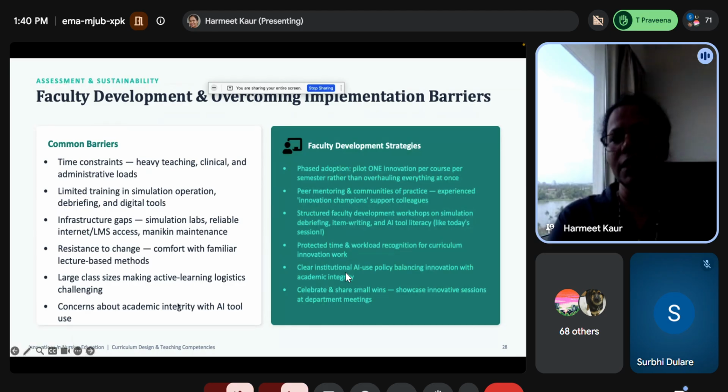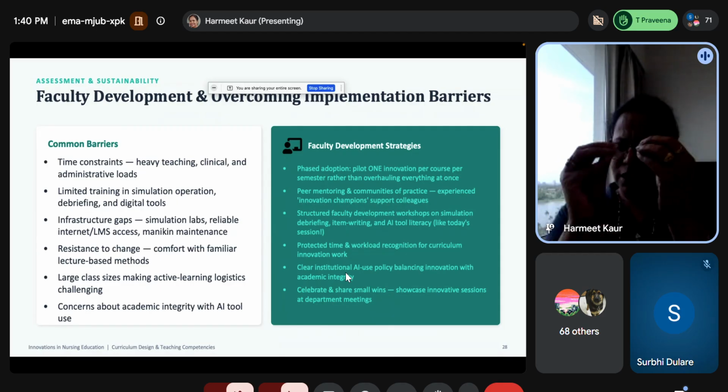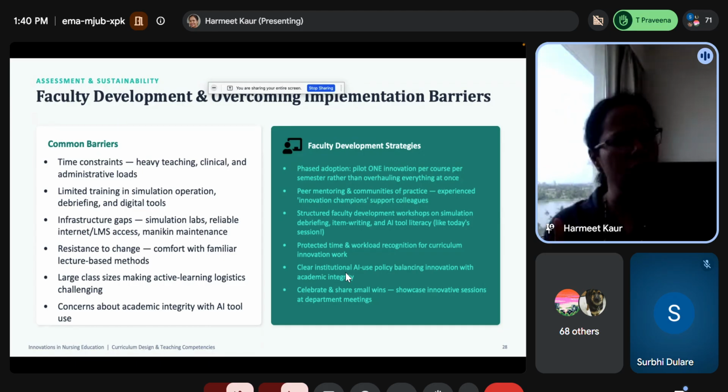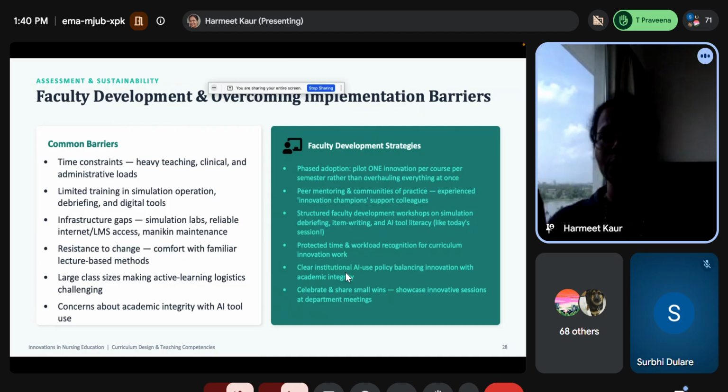But I will say that you have to include innovation. Don't go for a completely different kind of activity. Just include at least one innovation at one time. Maybe you can prepare a timeline: in the next week at least one innovation I will do. That innovation can be a simulation case scenario, the use of problem-based learning in the classroom, or just including some quizzes in your lecture.